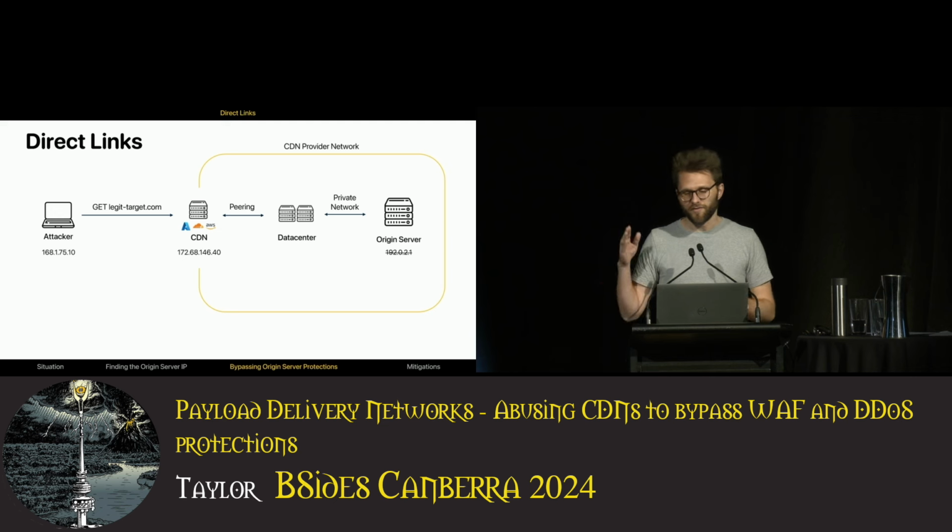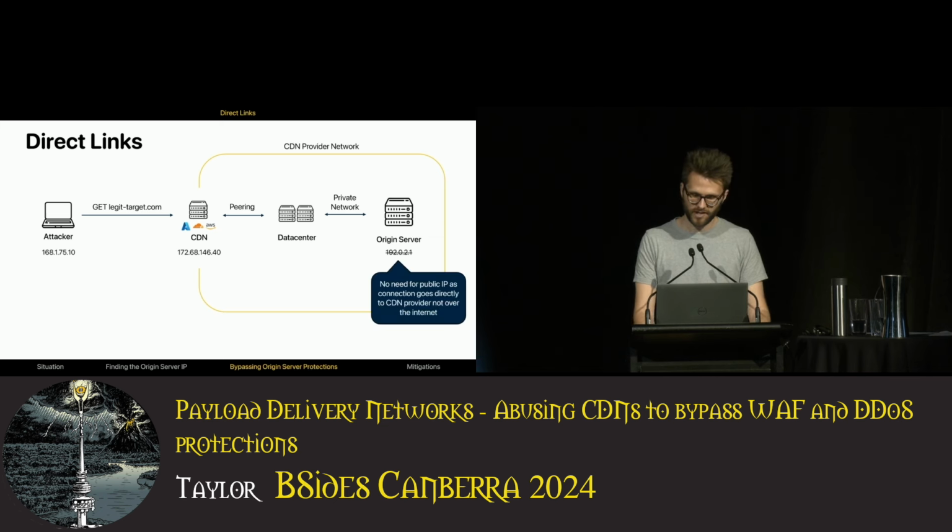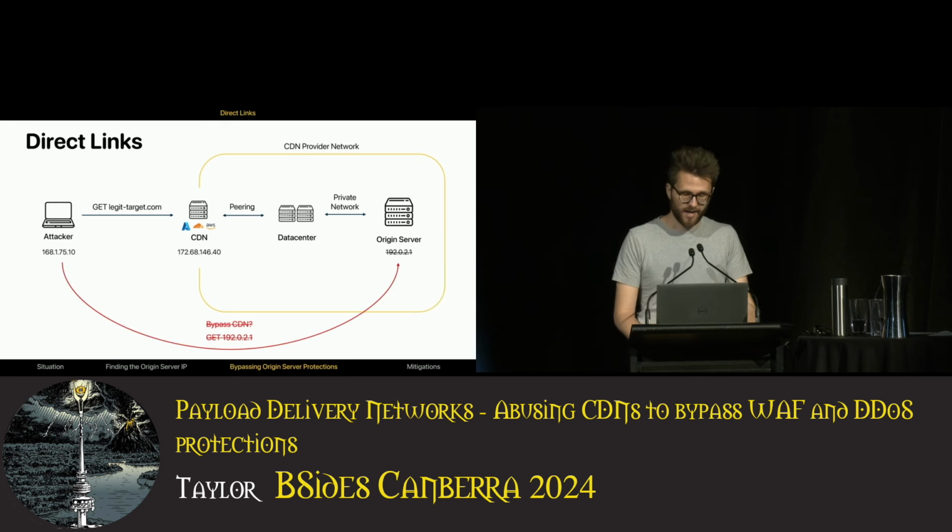That way, you can get from the origin server to the CDN using those private links rather than using the public internet. So you don't have to have your public IP exposed again. So no need for the public IP, so the connection goes directly to the CDN provider rather than over the public internet. And therefore our bypass doesn't work.